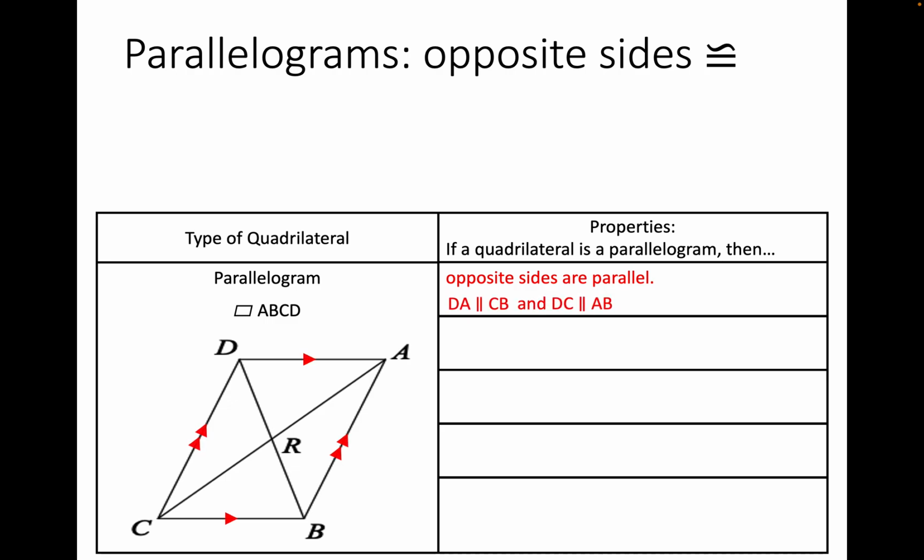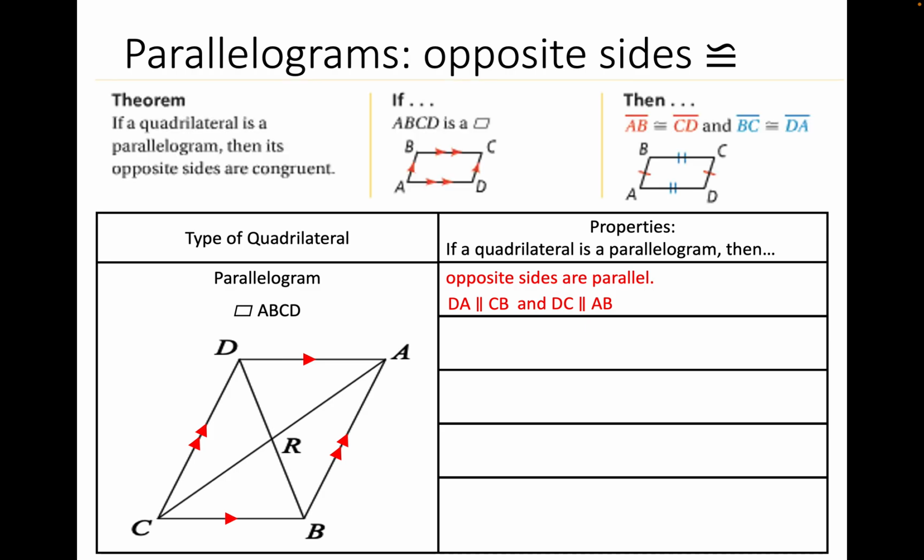It's also true that opposite sides are congruent, as it shows up above here. So the opposite sides are congruent in our parallelogram over on the left: DA is congruent to CB, and DC is congruent to AB.